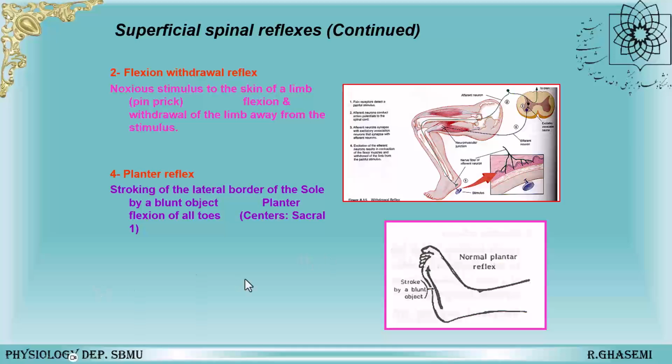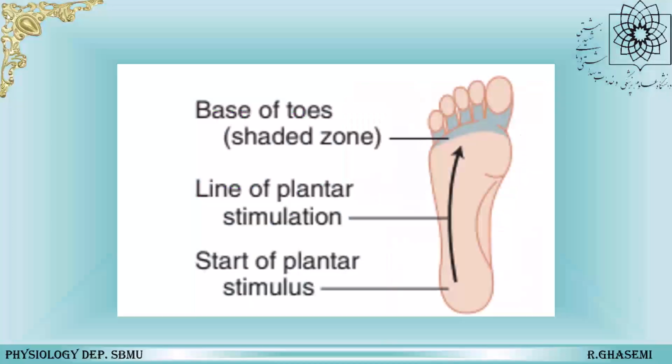Therefore, if I ask you about the type of reflex, which of these reflexes is superficial, you should know which are superficial. For the plantar reflex that I told you, we stroke this part of the sole.